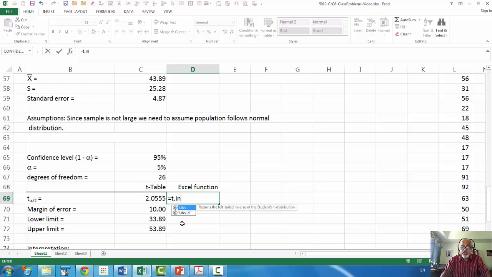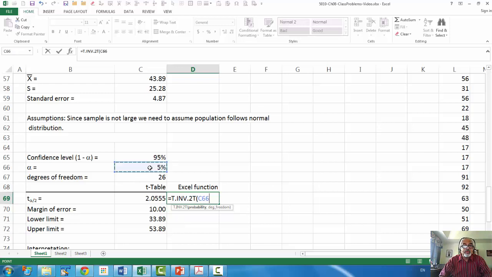Now we can use 2t. You have to understand how the table is organized so you read the table properly, and similarly you have to understand how the function works so you use the function properly. In the 2t function, 2t stands for two-tail. With t.inv.2t, you provide the alpha value for both the tails combined.